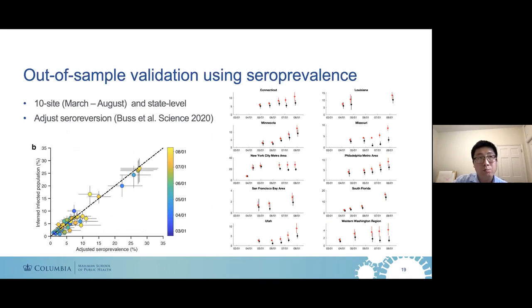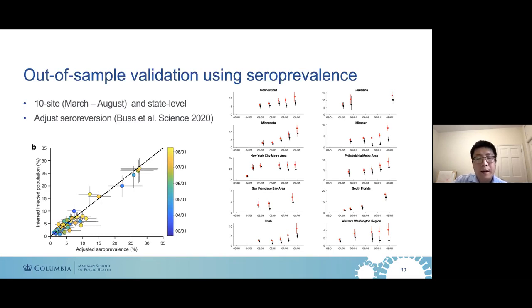However, we cannot use the directly observed seroprevalence to validate this model because we know antibody wanes in the population, especially among patients with no symptoms and mild symptoms. So before we do the validation, we need to adjust for this antibody waning or seroreversion in the data.